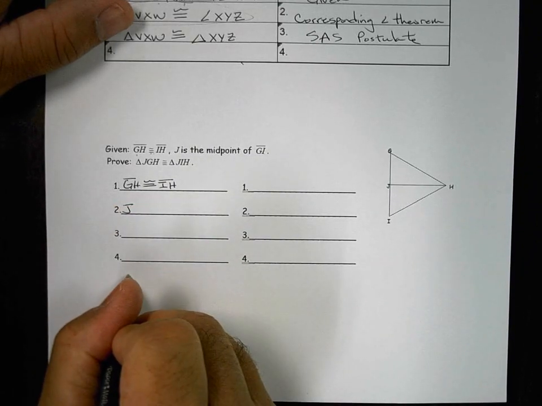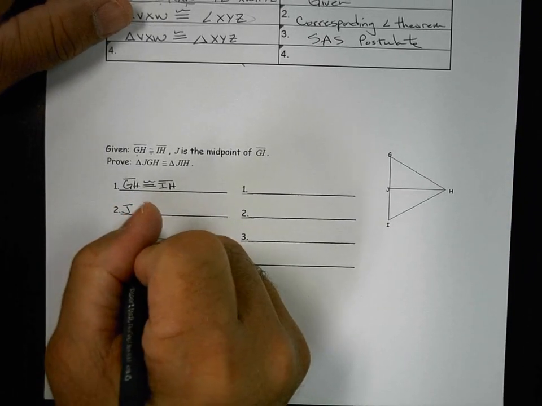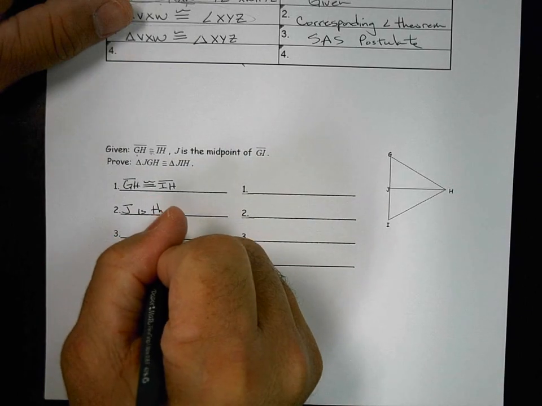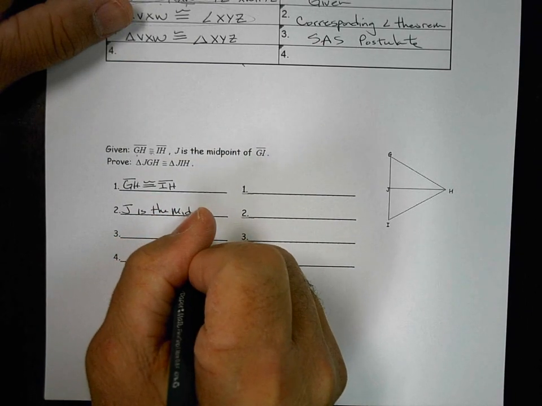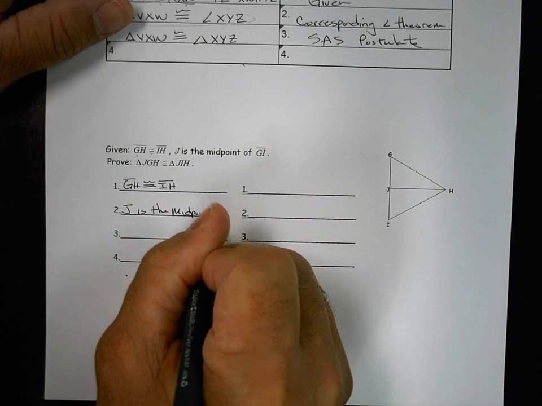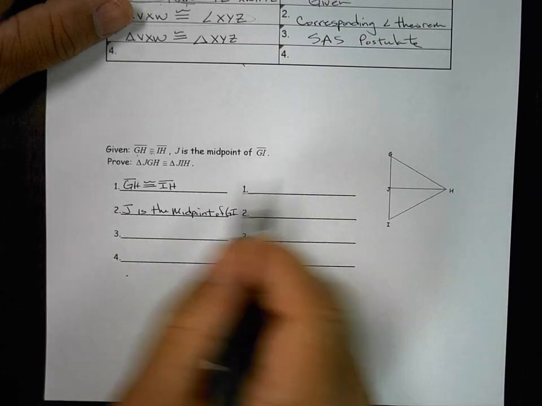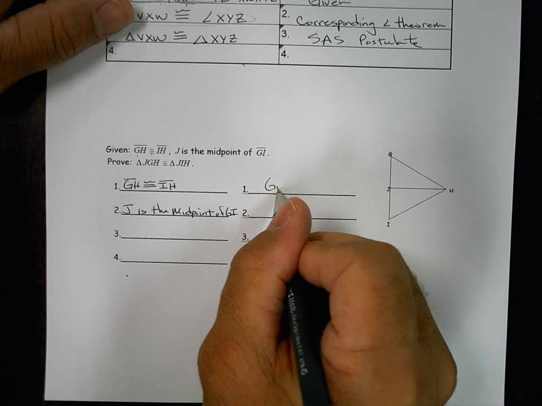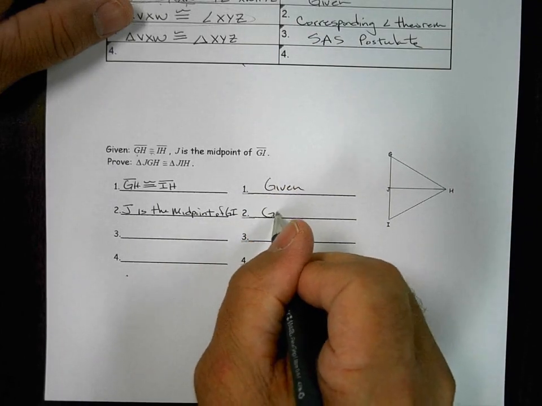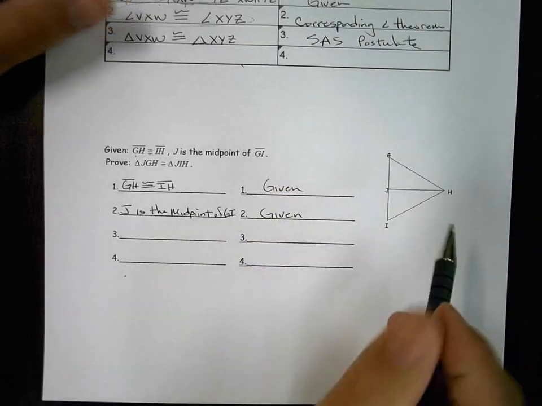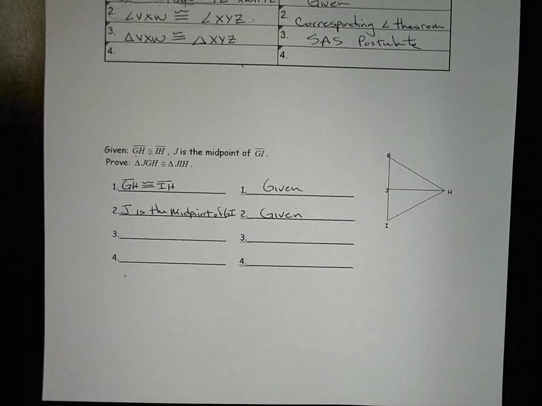So I'm going to probably end up using a fifth line down here. J is the midpoint of GI. So I'm going to put given here and given here. If we can put it all on one line, that's great.